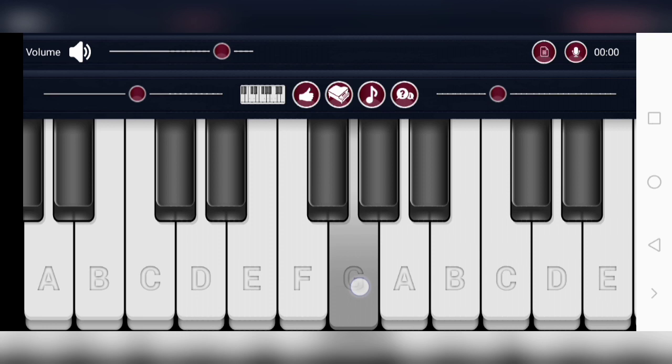So the third letter is G. And 3 keys to count to get the fifth letter. 1, 2, 3. And the fifth letter is B. Now our E minor is composed of E, G, and B.